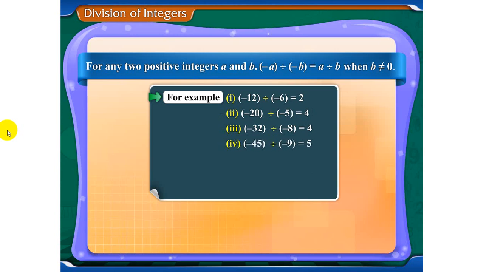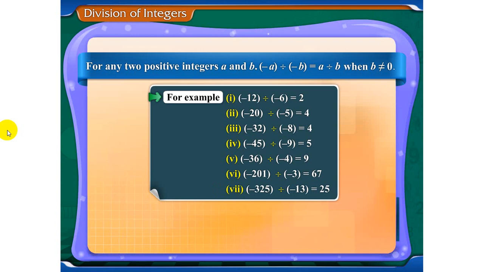Minus 45 divided by minus 9 is equal to 5. 5. Minus 36 divided by minus 4 is equal to 9. 6. Minus 201 divided by minus 3 is equal to 67. 7. Minus 325 divided by minus 13 is equal to 25.